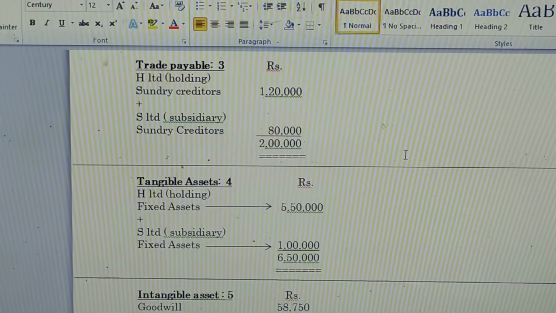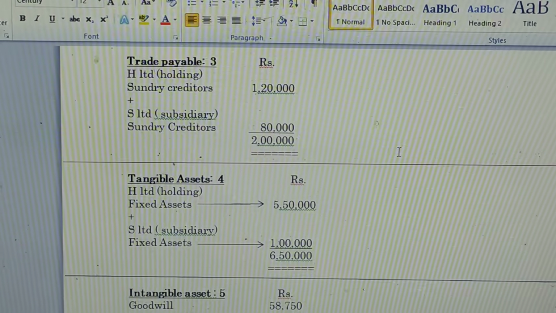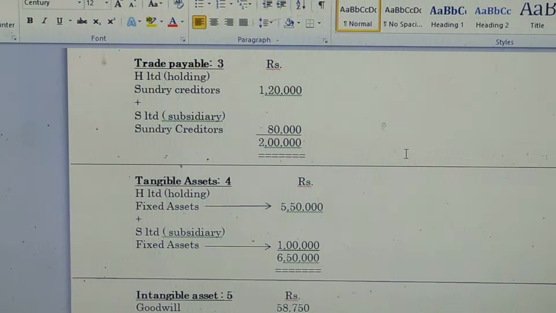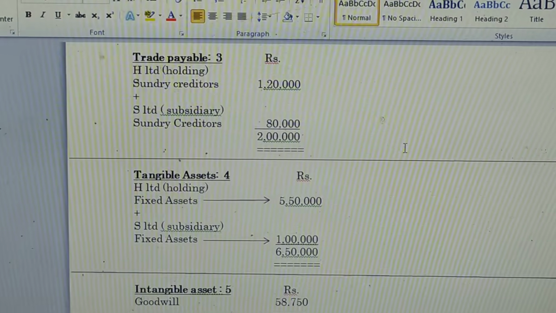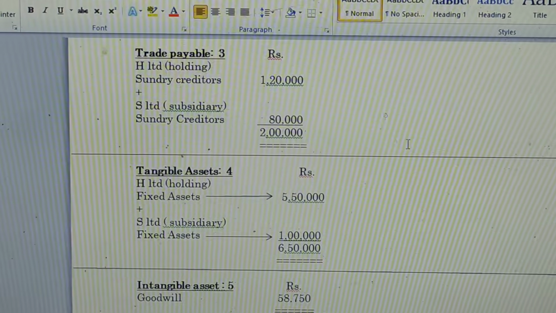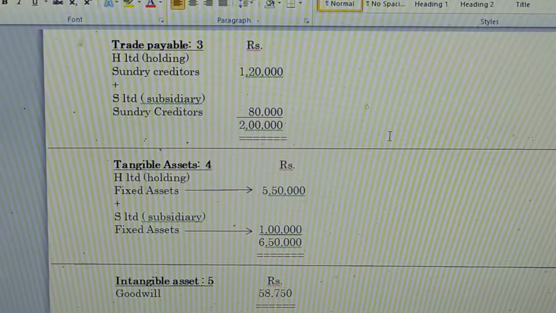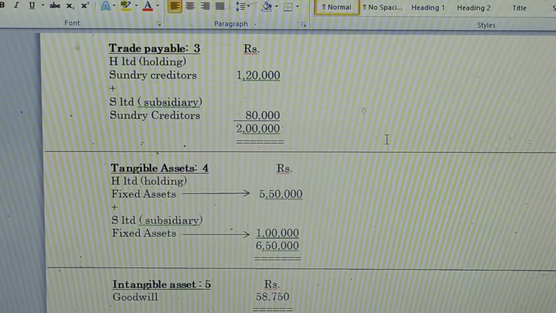And note number 3 is trade payable. For H Limited holding company, the sundry creditors of H Limited is 1,20,000 plus S Limited subsidiary. Sundry creditors of S Limited is 80,000. So the total is 2 lakhs. That is the trade payable total. And note number 4 is tangible assets.